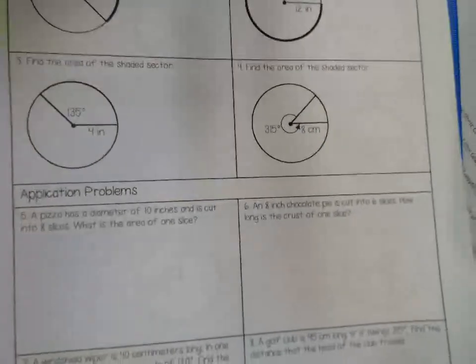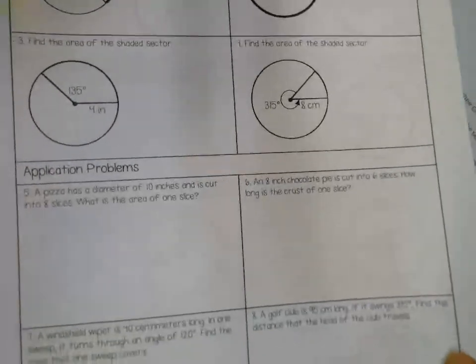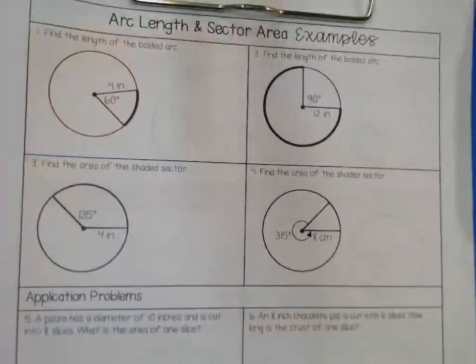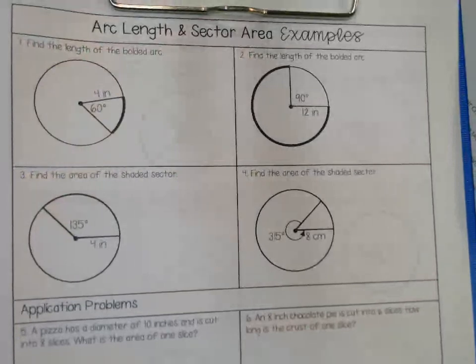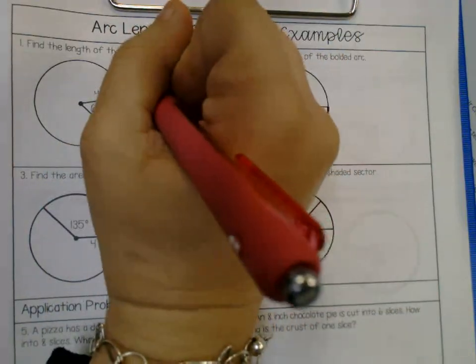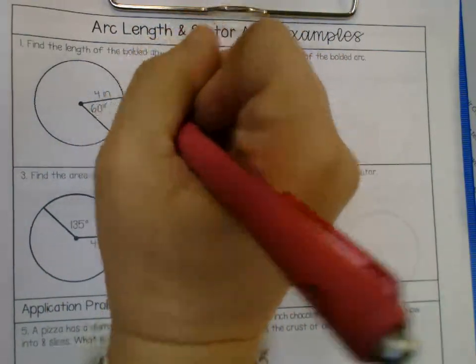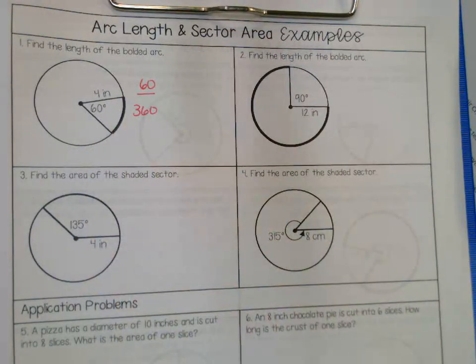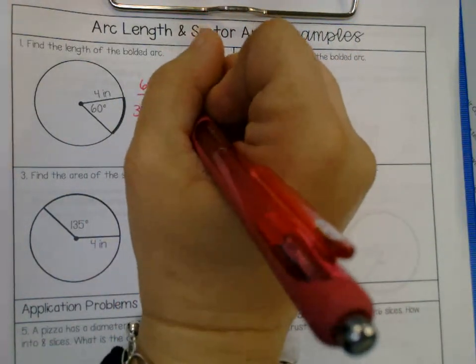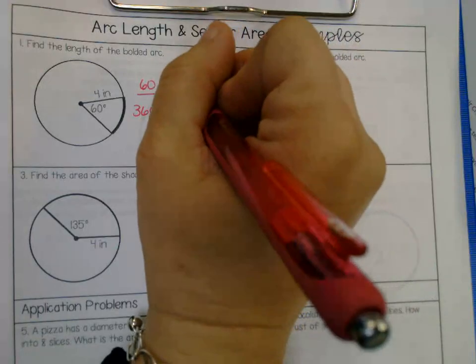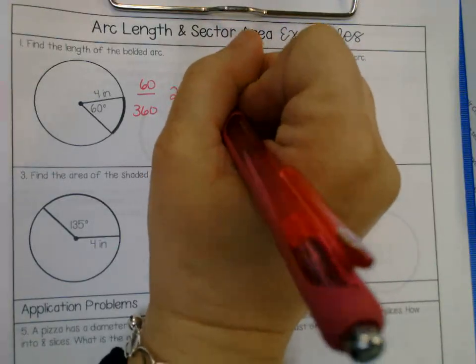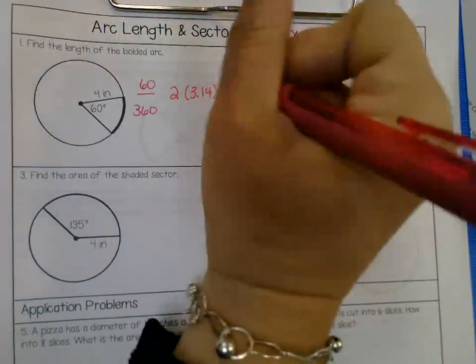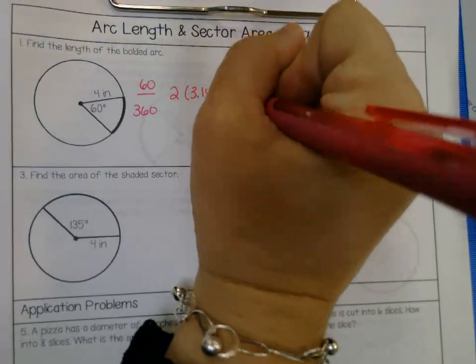So, number 1 here, it says find the length of the bolded arc. If I'm trying to find it, you're going to put 60 over 360, and then you're going to multiply that times 2 times pi times your radius, which is 4.